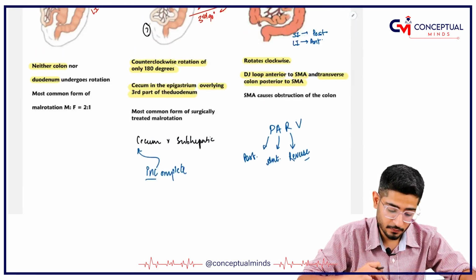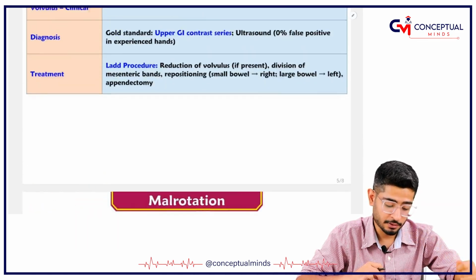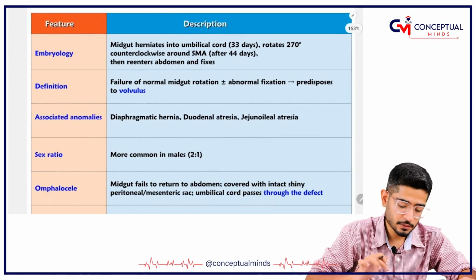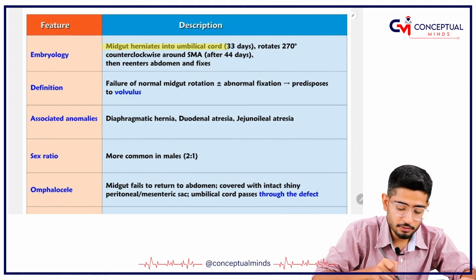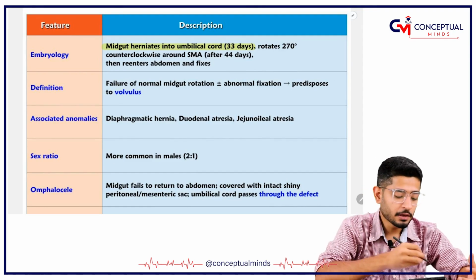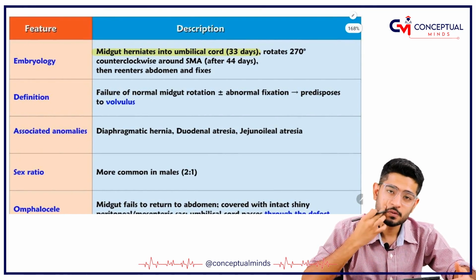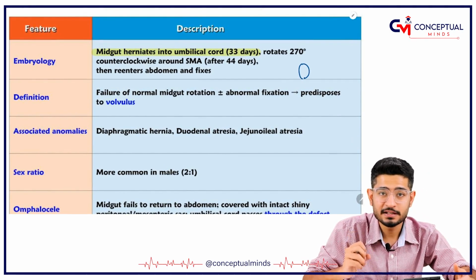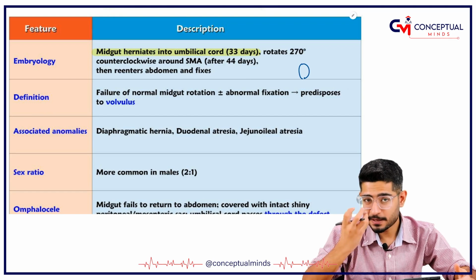This is the basis of understanding malrotation. I have told you two or three things. Embryologically, the midgut is going to herniate into the umbilical cord. See what happens: the baby is very small and the abdominal cavity space is less.